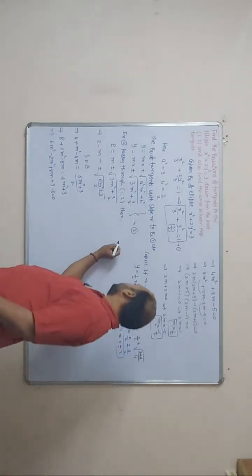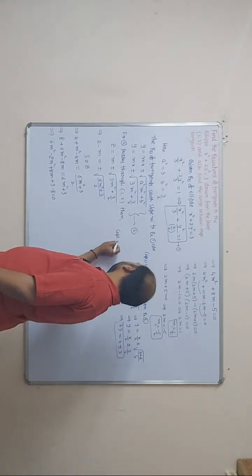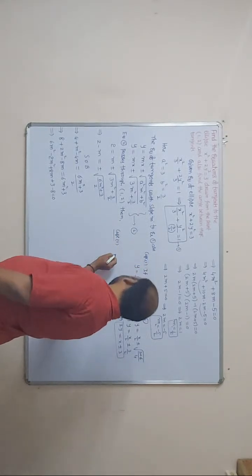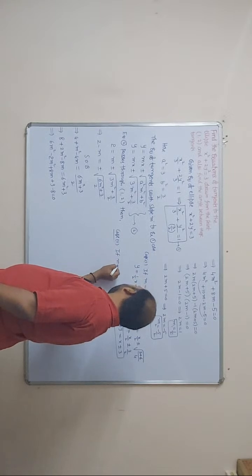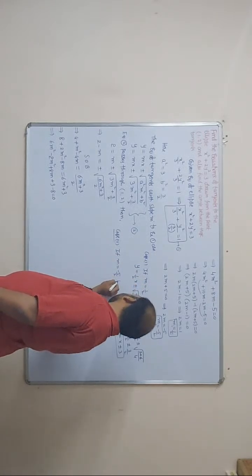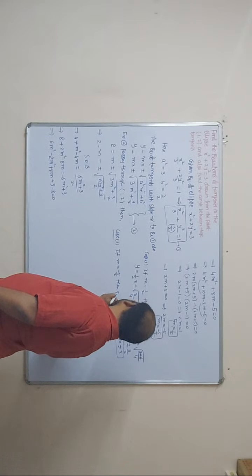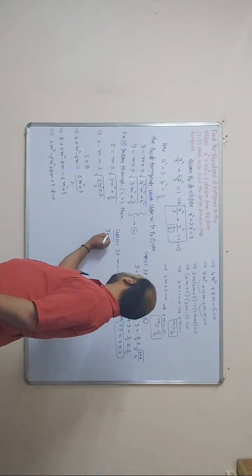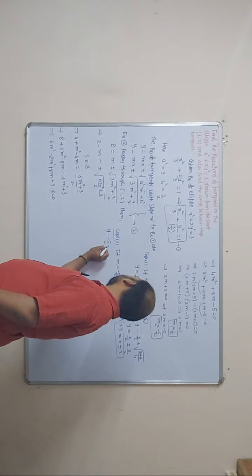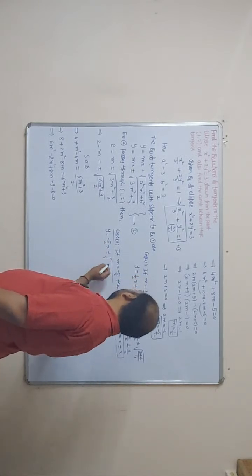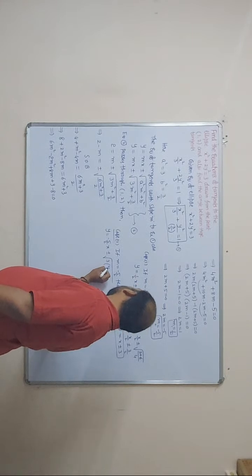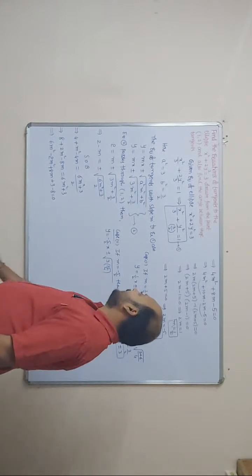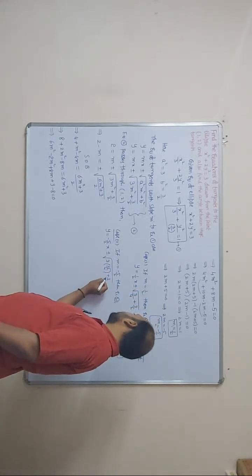Tangents. Case 2. If m is equal to minus 5 by 2, then equation 2 becomes, what will come here? y is equal to minus 5 by 2 x plus or minus root over 3m squared. 3 into 25 by 4 plus m squared is 3 by 2 b squared.